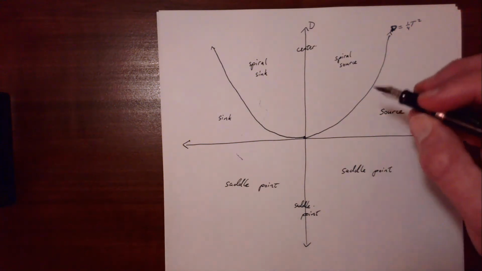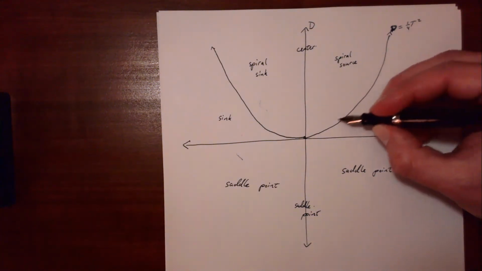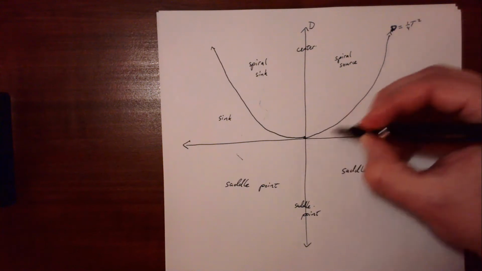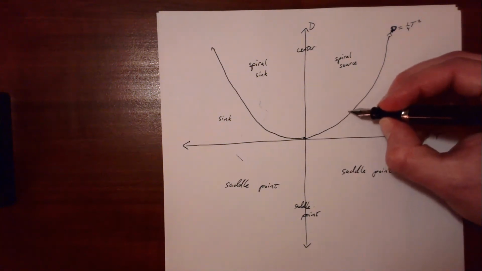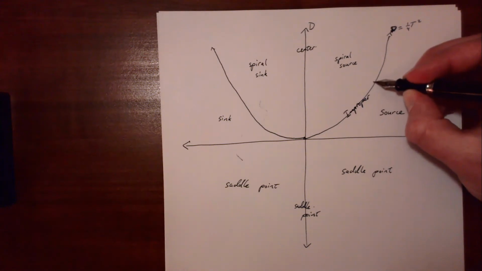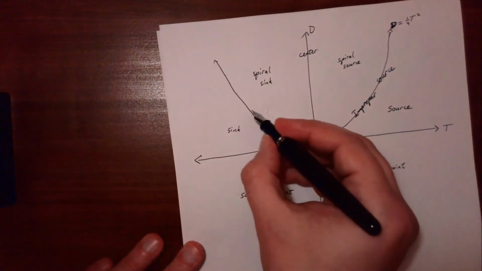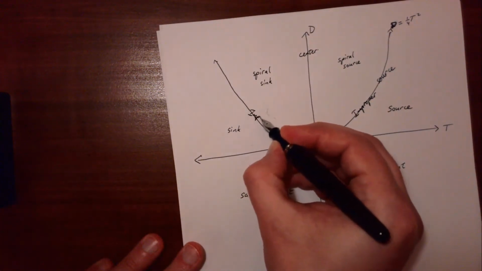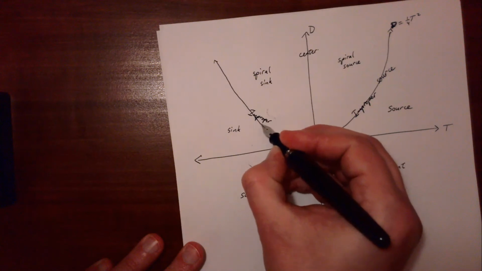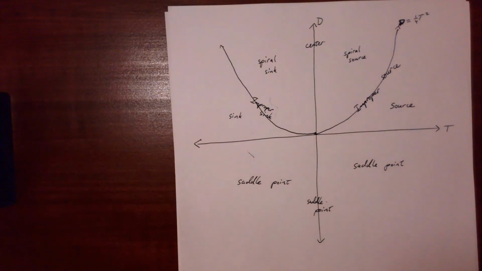And then here what we have is again a repeated eigenvalue, but because the trace is positive, that means it must be positive, and so we have an improper source. And along this one, by the same token, an improper sink. So these represent all of the scenarios we've discussed.